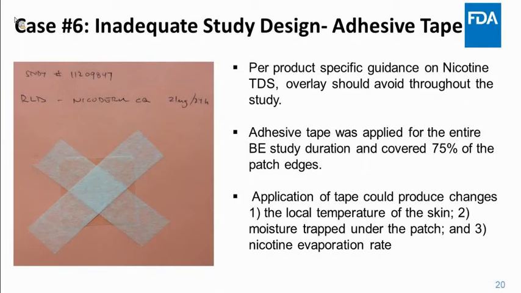The applicant was asked to provide evidence to justify that using the tape for the entire study does not impact the BE determination of the test product under normal clinical use conditions.